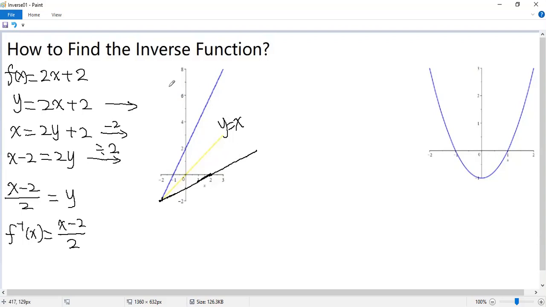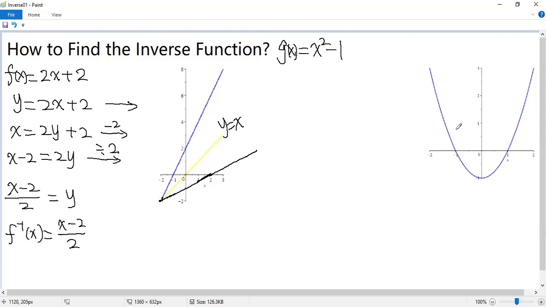At this point, we should ask, does any function have an inverse? Let's look at the following quadratic function, g(x) equals x squared minus 1.